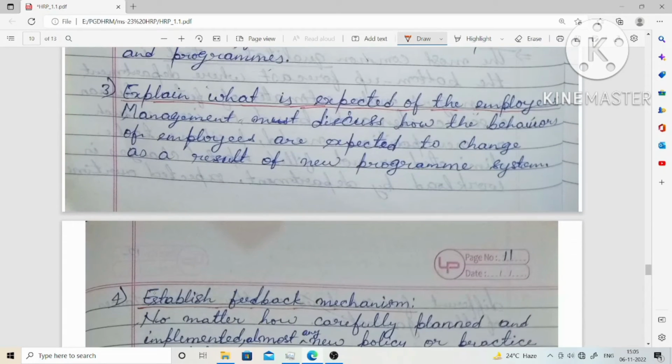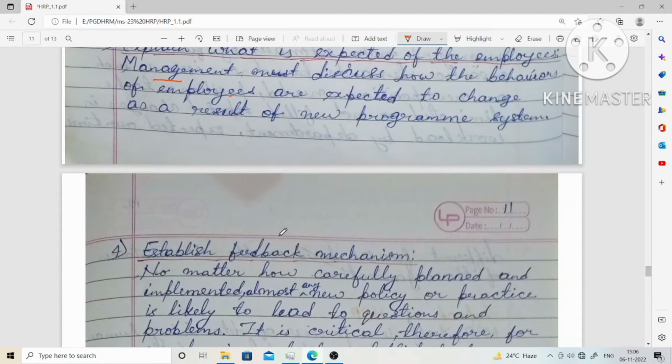Third, explain what is expected of the employees. Whenever we plan anything, particularly in human resource planning, we should explain what is expected of the employees, what employees should do. That's why it is written, management must discuss how the behavior of employees is expected to change as a result of the new program or system.